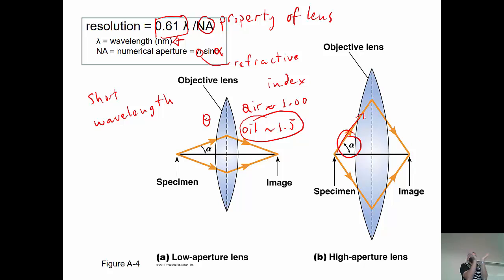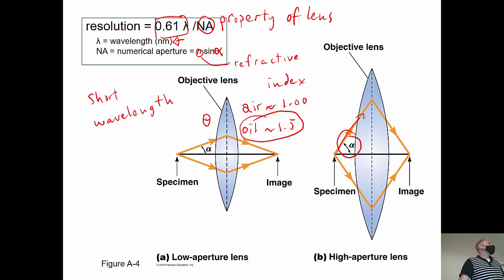So that has a really wide theta angle because the light's moving like this. Whereas when you use the lower objective lenses, the light's moving at a smaller angle. Okay? And it has effects on working distance and other things like that that you'll learn about in the labs, but that we won't cover here.